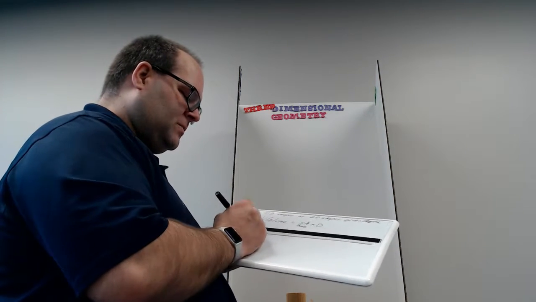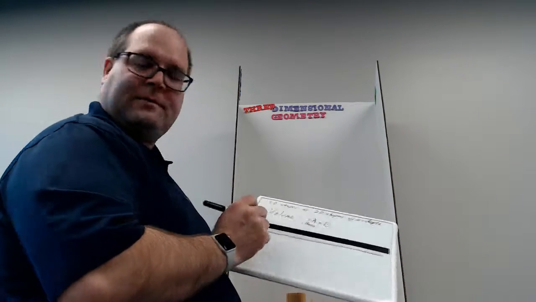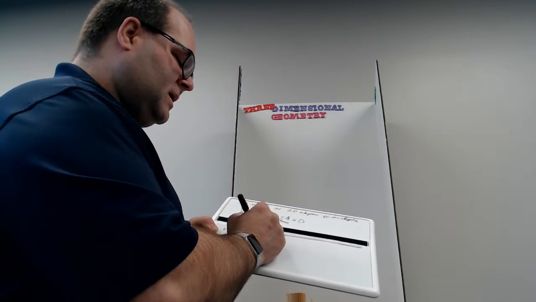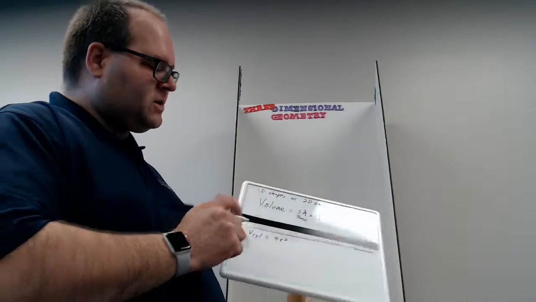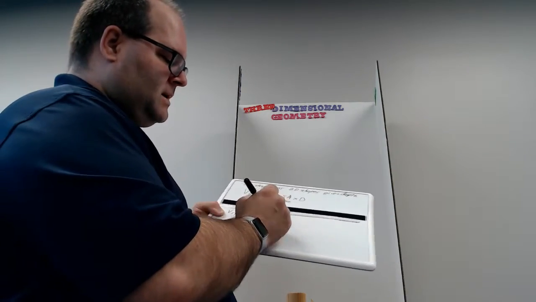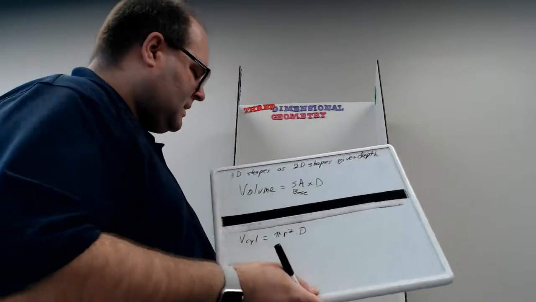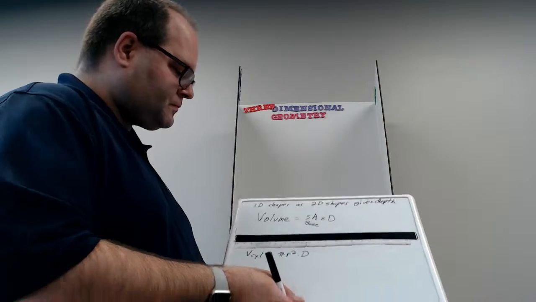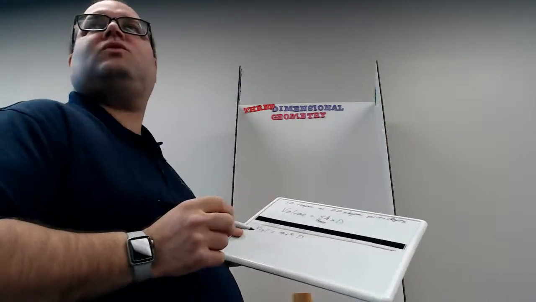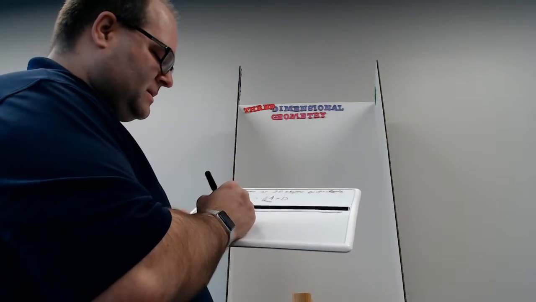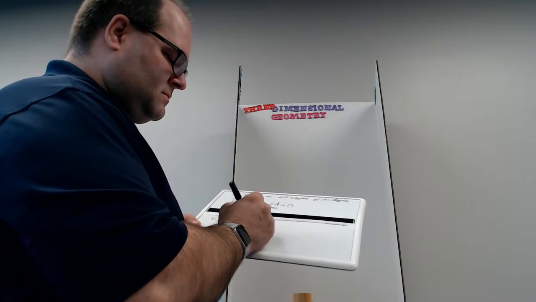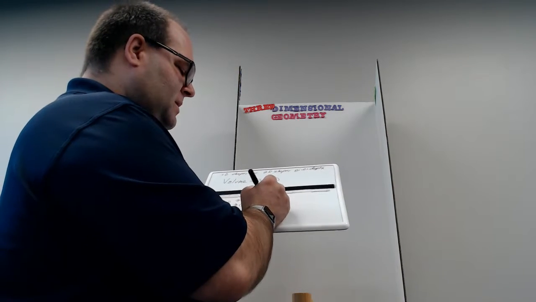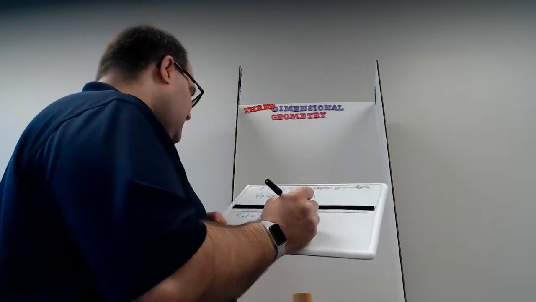So the volume of a cylinder is found by pi times r squared, the area of its circle, times the depth of the circle. In this case, we can make our radius 1 inch, or 25 millimeters, and our depth is going to be 75 millimeters.